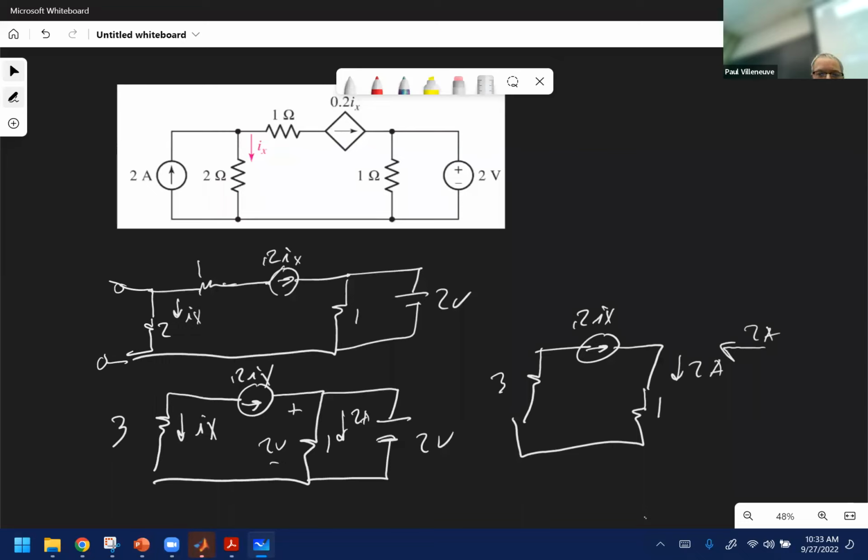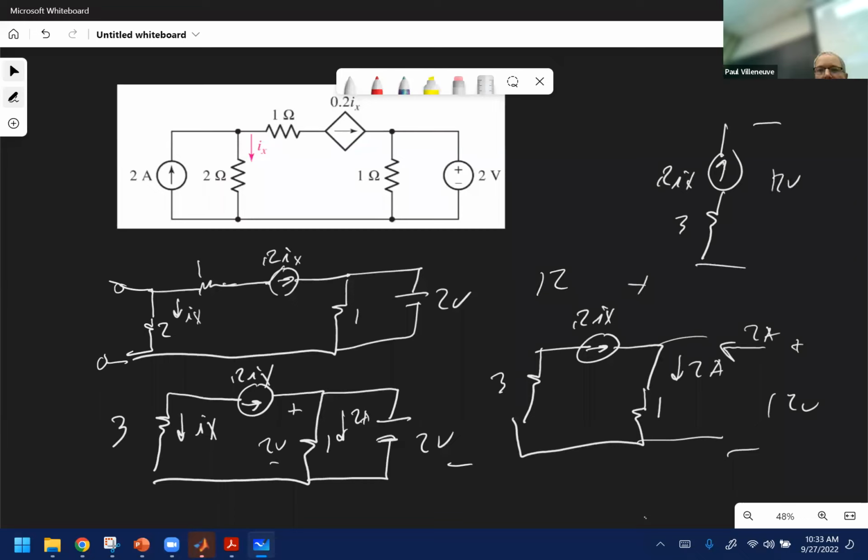I'm just trying to figure out a way. We know that this voltage across here has to be 12 volts from here to here, because that's what this voltage source is connected to. So we know that this has to be 12 volts. The question is, where do you need 12?